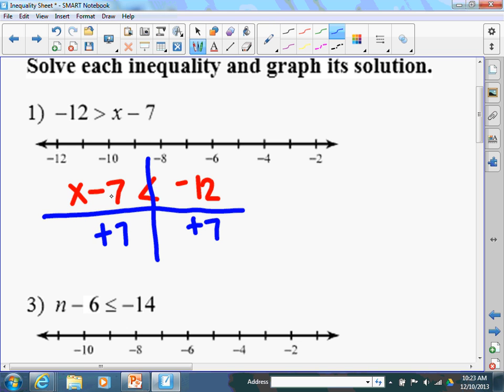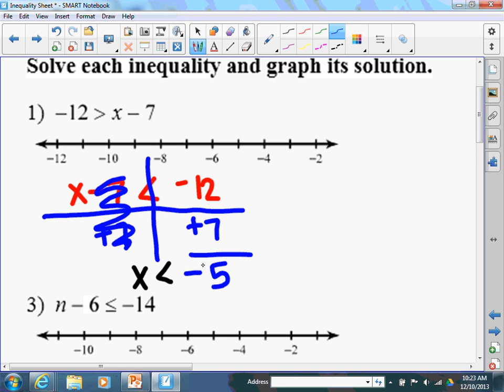Add 7. What happens to my 7s? They cancel. So 12 negatives and 7 positives gives us 5. What kind of 5? Negative 5. So we bring down our x, bring down our inequality symbol. Can we graph it? Yes. Let's go up and graph it. X would be any number that's less than negative 5.